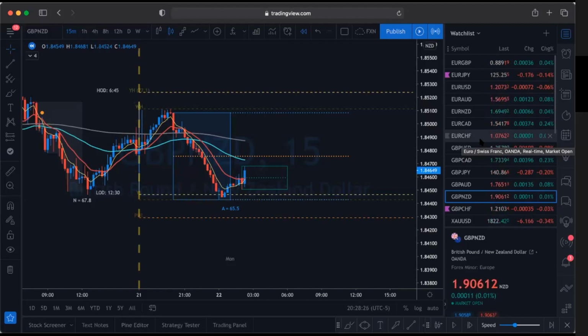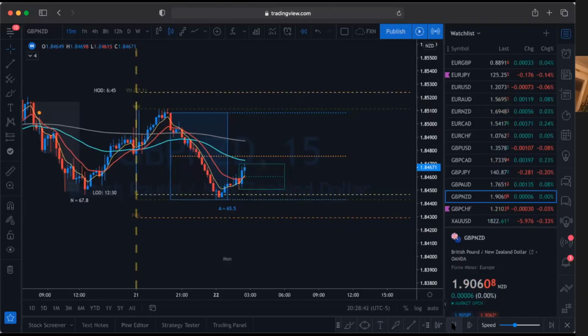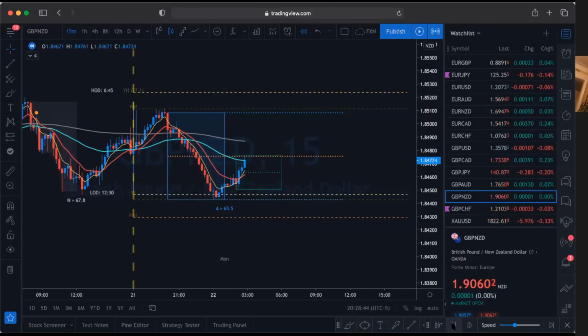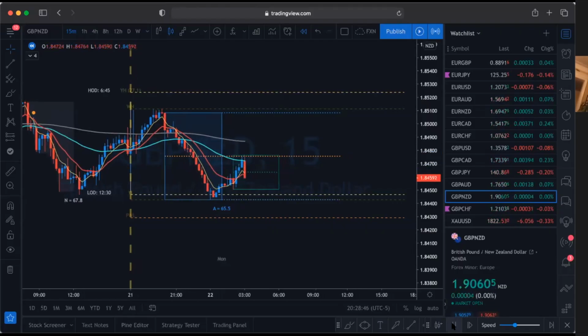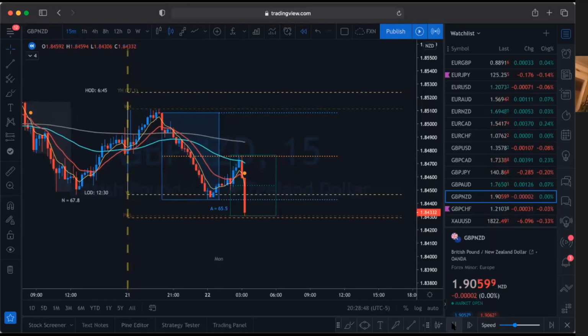It's the same thing. No worries, Tracy. So it's literally the same thing. But each pair is going to have its own behavior.